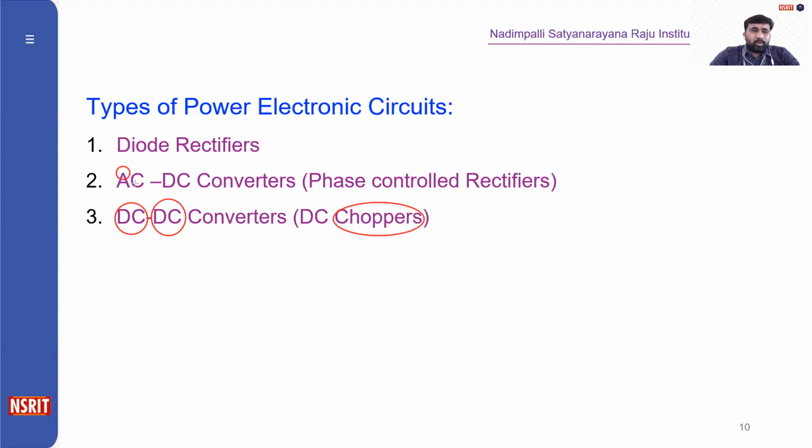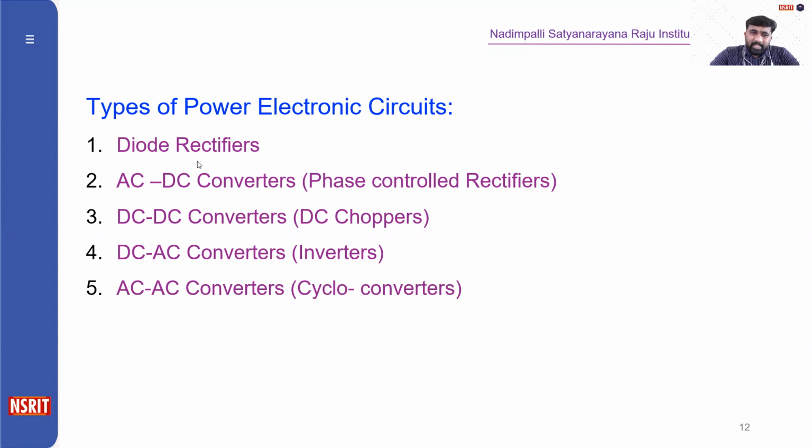So if your input is AC and output is DC, then your converter is called a rectifier. And if your input is DC and output is also DC, then it's called a chopper. The next thing is DC to AC, and then similarly AC to AC.